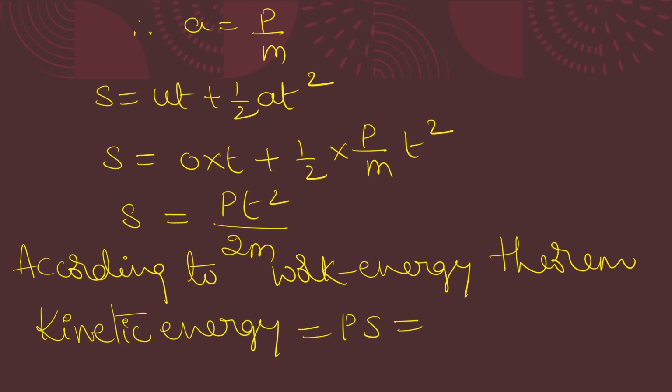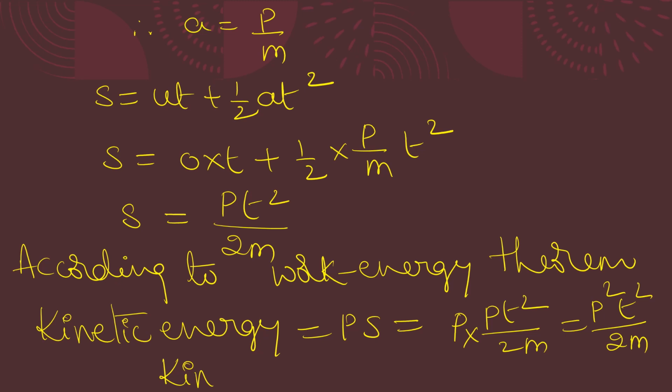Here s is P t square by 2m. So P into P, P square t square by 2m. So kinetic energy is equal to P square t square by 2m. Okay, this is the final answer.